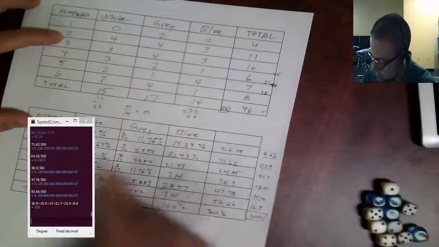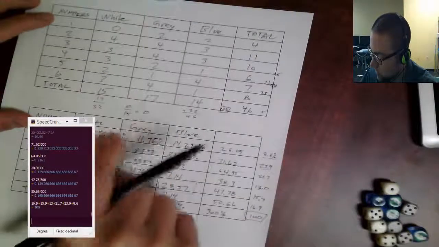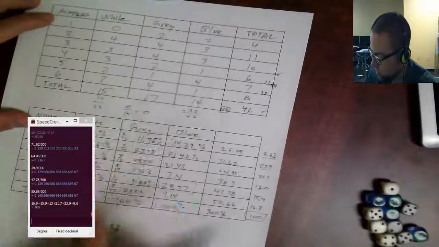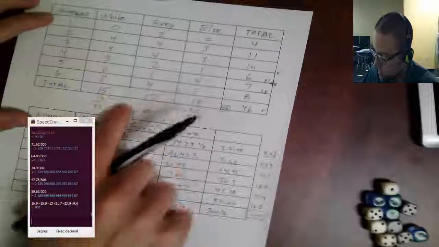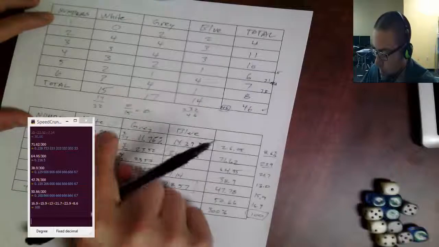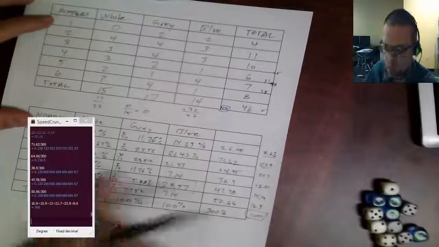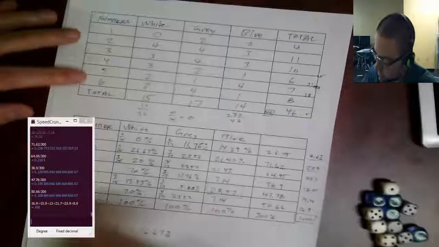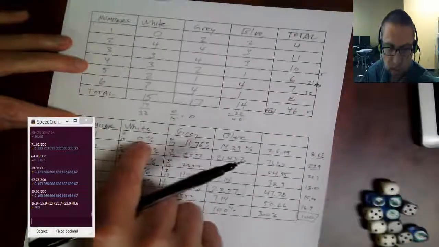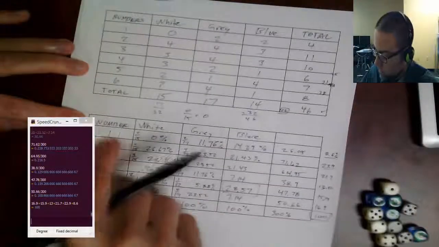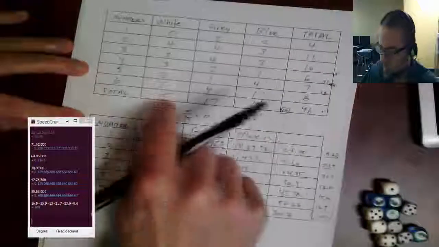The lowest occurrence was, of course, 0. I expected that I would probably roll at least 1 when rolling 15 white dice, and I didn't roll any ones. So that's some of the ways that you can interpret this data. Sorry, I missed it there. That's a 0% there. 0 ones out of doing 15 of them.